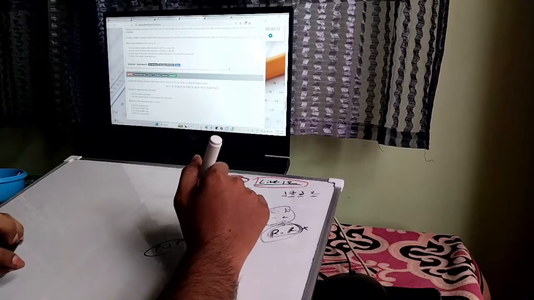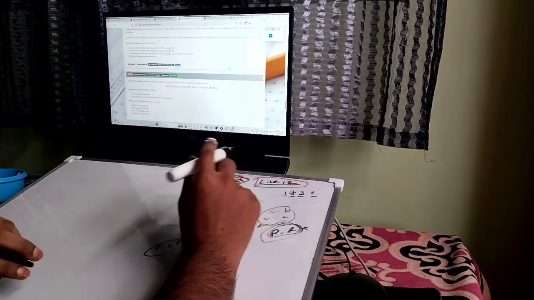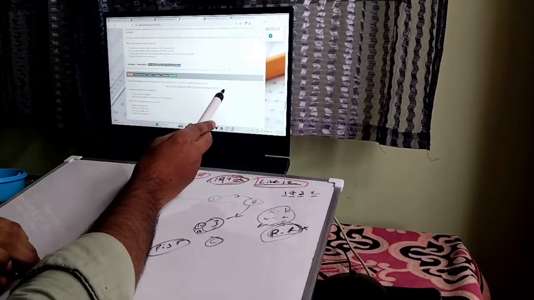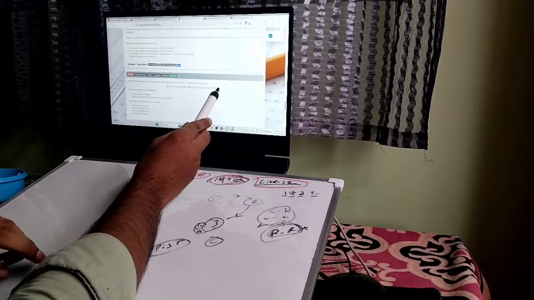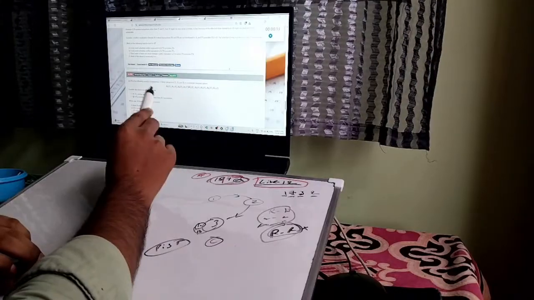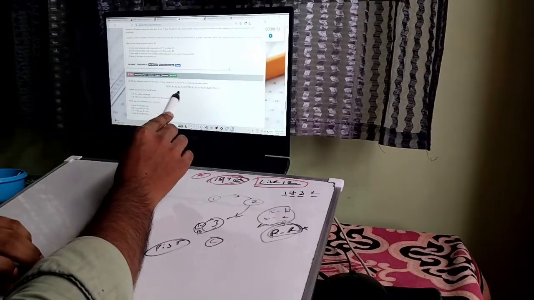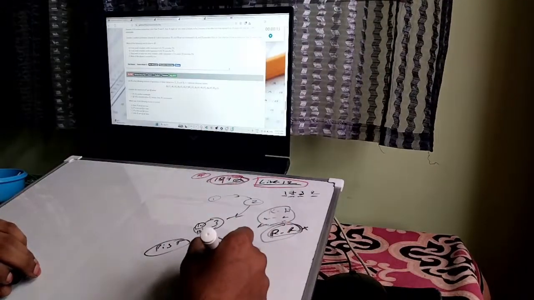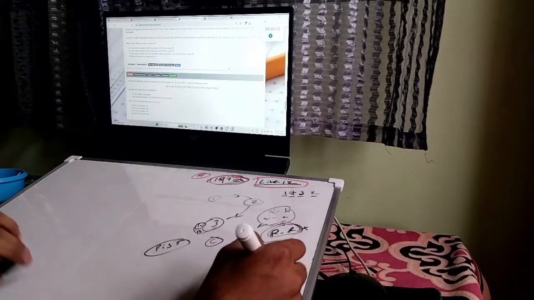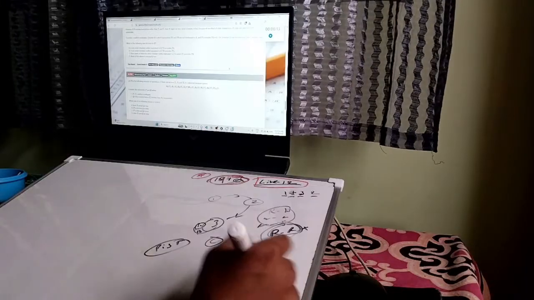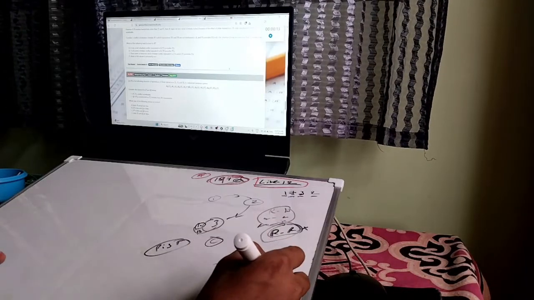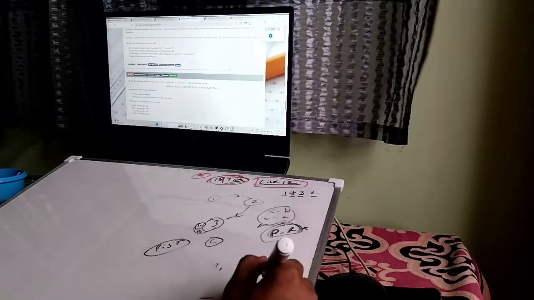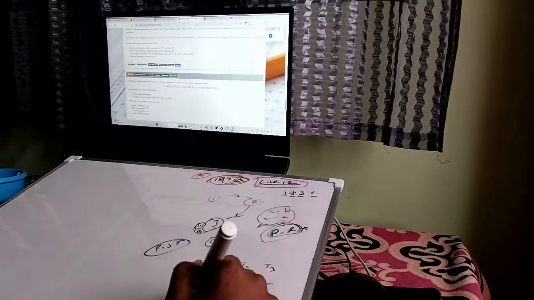If T3 commits, where is T3 among T1, T2, T3? If T3 commits before T1, then the schedule is recoverable.